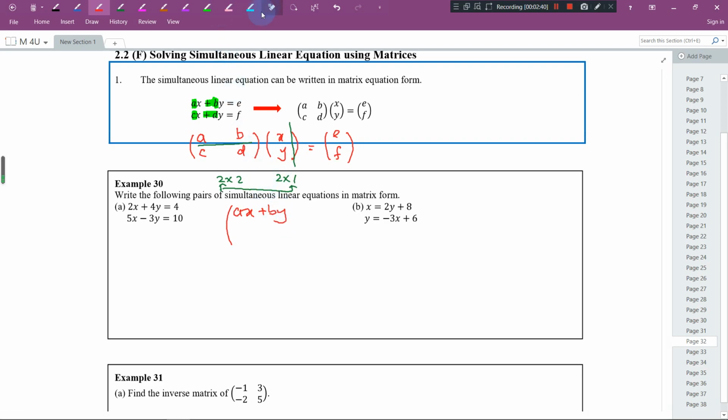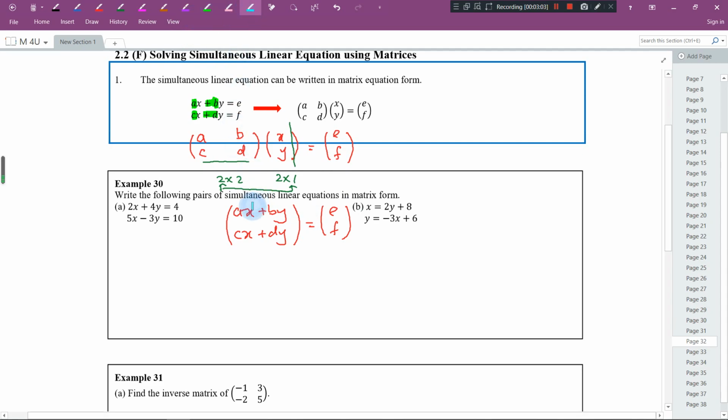Now let's proceed to the second row, first column. Second row, first column is over here, not here, so we write over here: cx plus dy is equal to e, f.